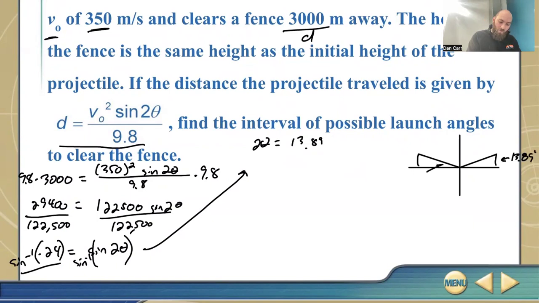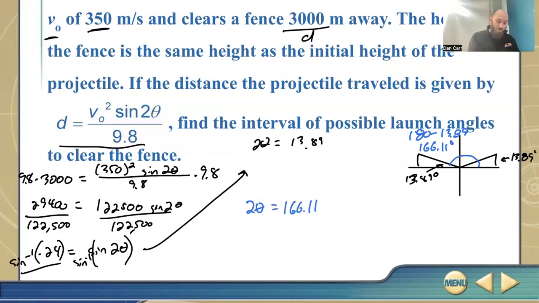So that's where I get two possibilities for sine coming out to this value. So that, remember, is actually 180 minus 13.89, which is 166.11. We're going to consider this possibility as well. 2 theta is equal to 166.11.